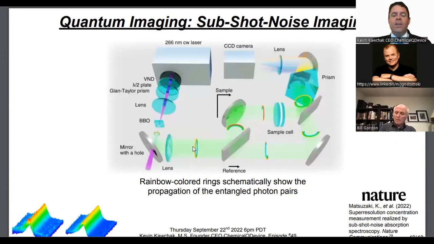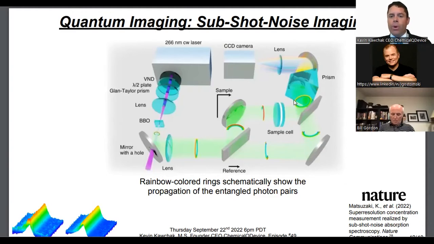This is 2 photons. There's a photon on the top rainbow, there's a photon on the bottom rainbow, okay? It hits this reference, and then you see the bottom photon here has a different path from the top photon here. One goes through the sample cell, the other one goes through these other things, and then you see that they're recombined.